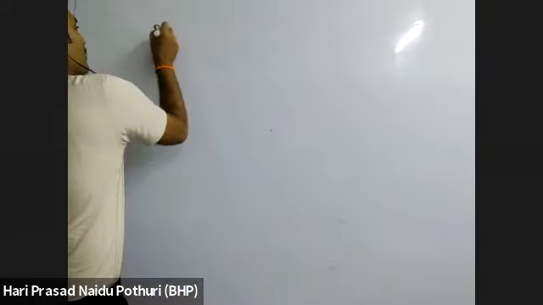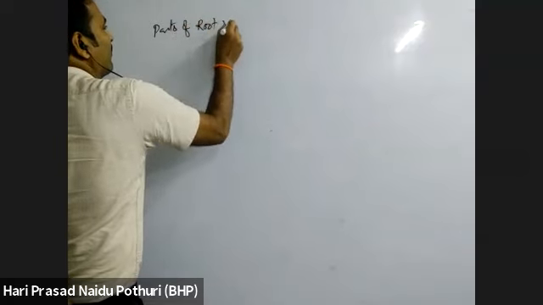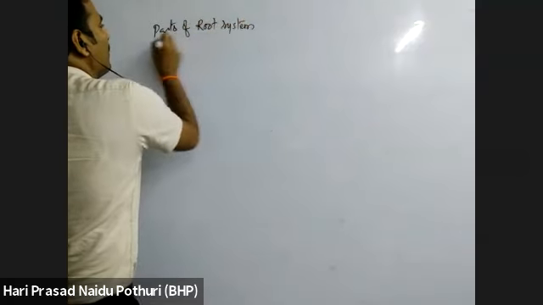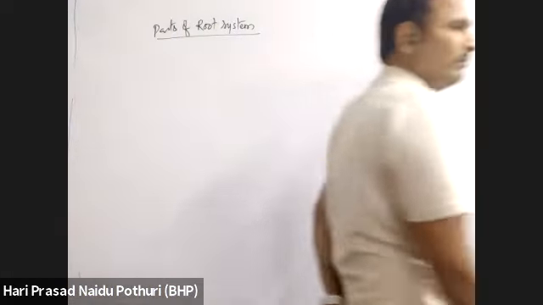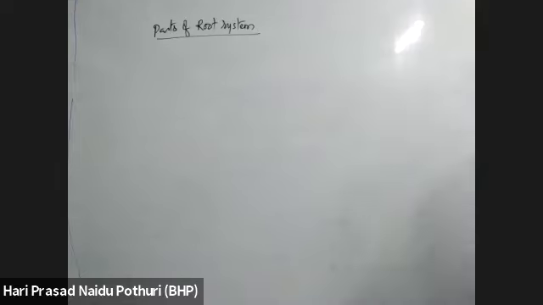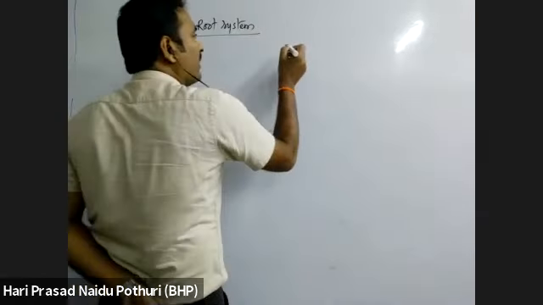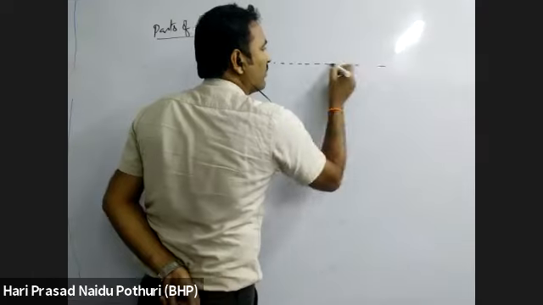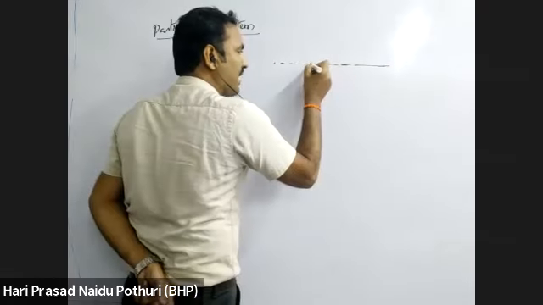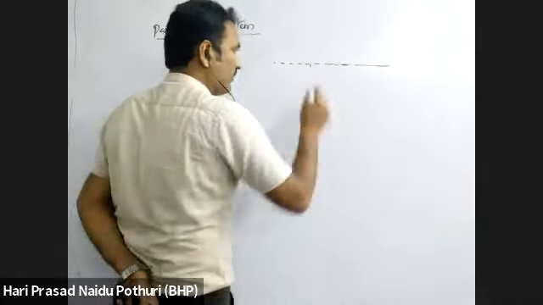Then parts of the root system. If you take a root which is growing geotropically, yes or no? A root which is growing geotropically has three major parts.